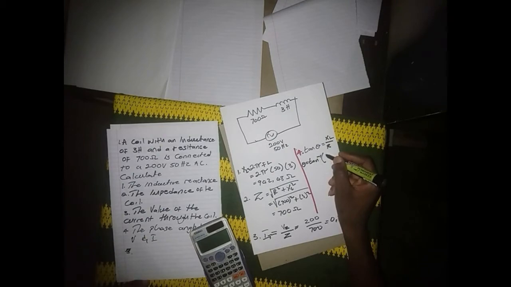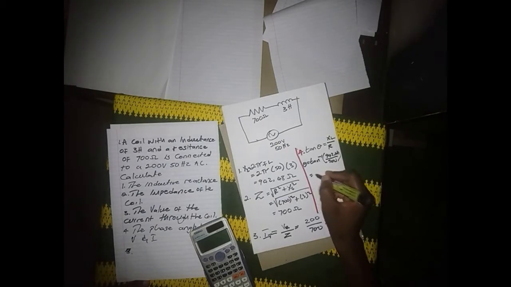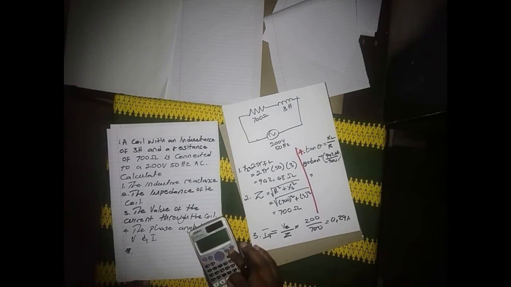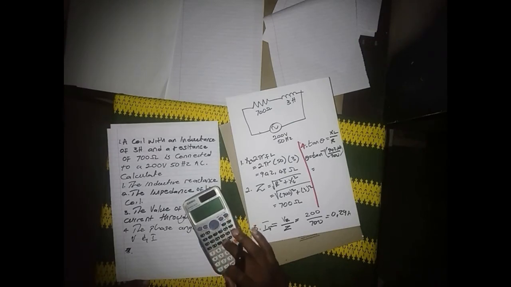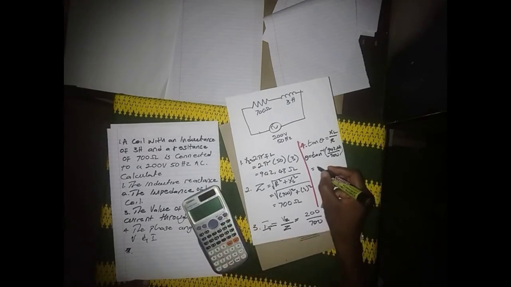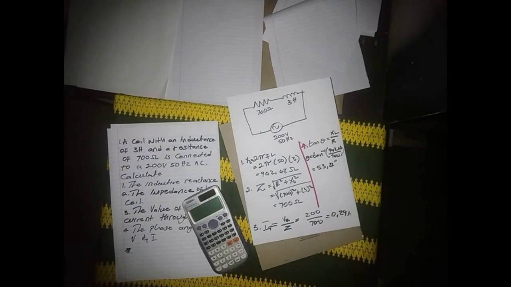What's the value of XL? It's 942.48, and the value of the resistor 700. So what's the angle there? 942.48 over 700. It's 53.4 degrees.